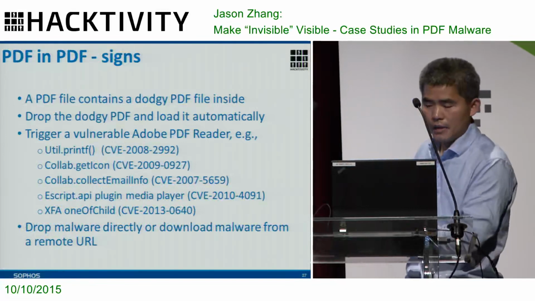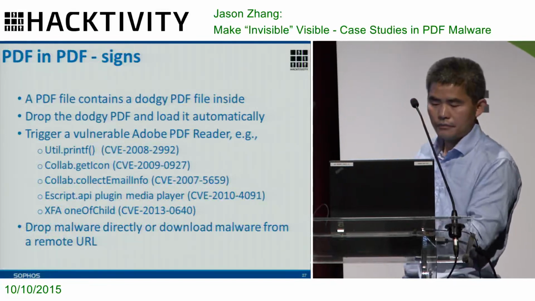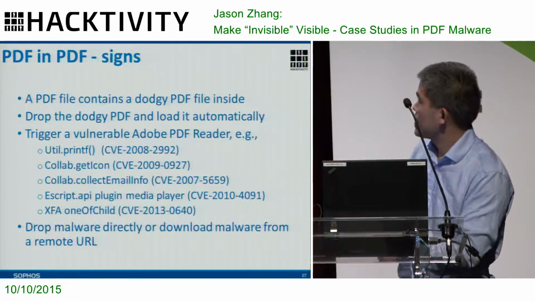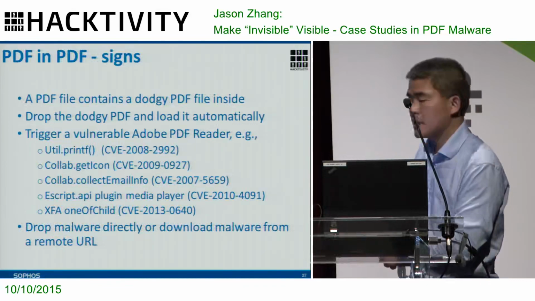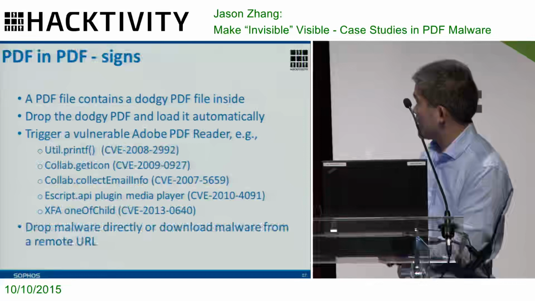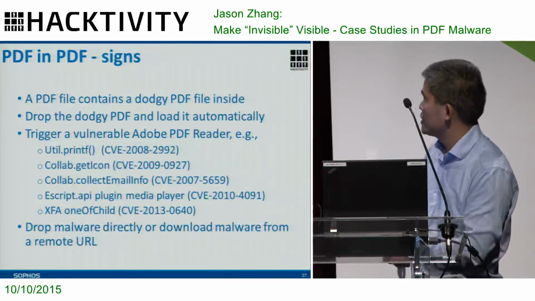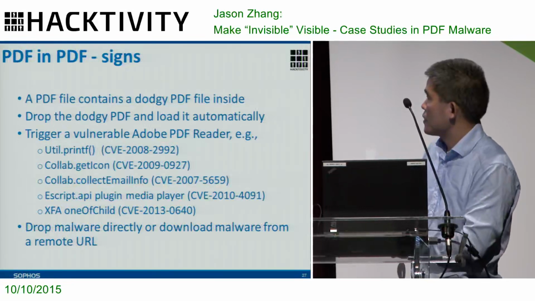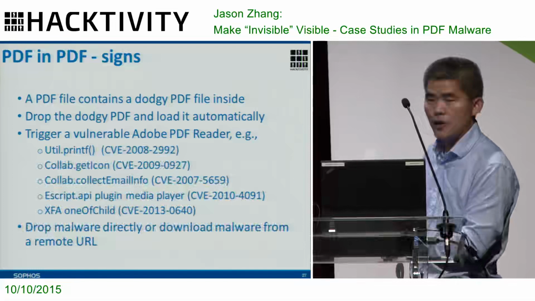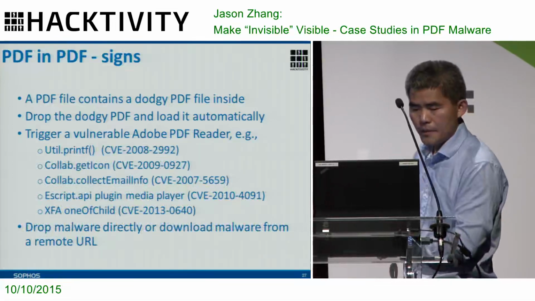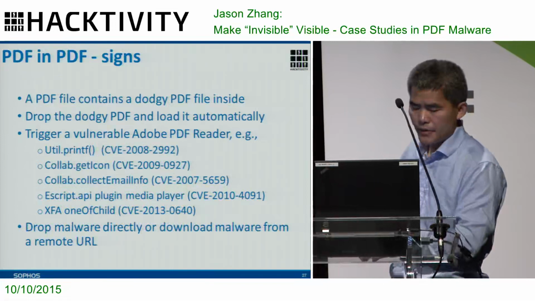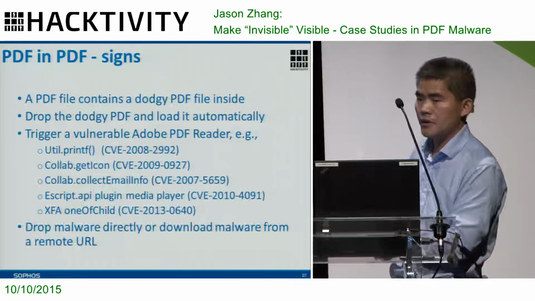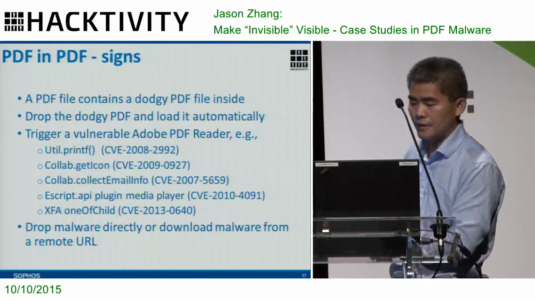In the samples we came across, it can trigger the most common vulnerabilities, like the util.printf function, which is quite an old CVE, the getIcon third-party plugin, and also a new one targeting a child property of the XFA object in the PDF file. The purpose is to drop the malware directly, or download it from a remote URL once the shellcode in the PDF file is successfully executed.